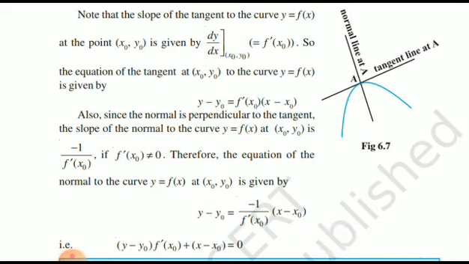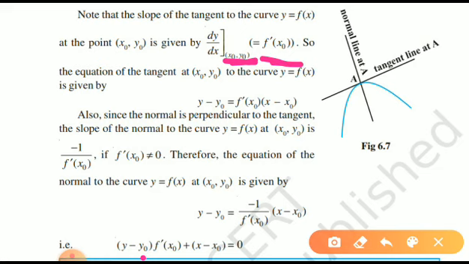This is equal to f dash of x0. Why do we say only f dash of x0? Because the curve is y equal to f of x, that means the curve is in terms of x, so I won't have a value of y there, and hence it is given as f dash of x0.